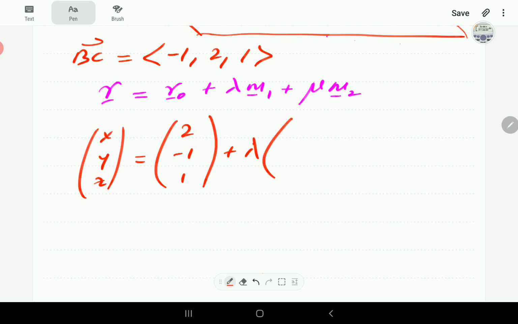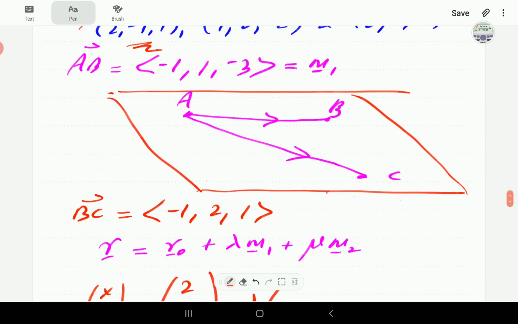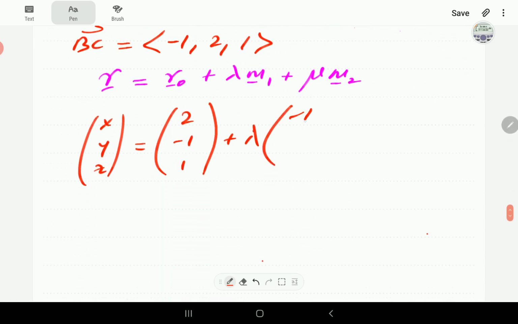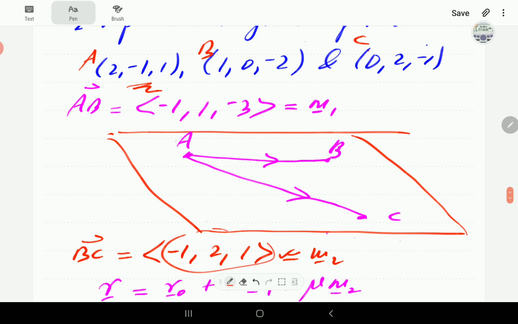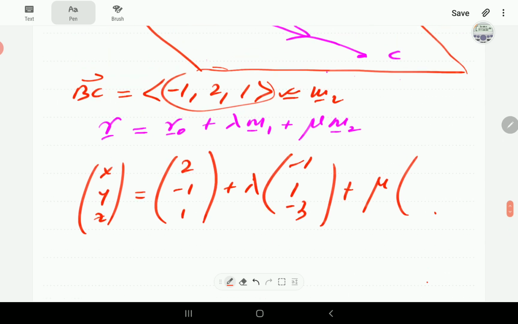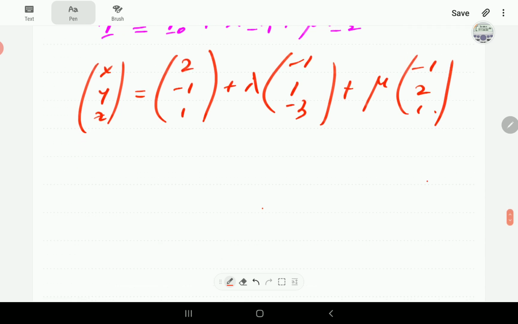M1, we got minus 1, 1, minus 3. M2 is this one. Of course we've got to make sure that these two are not parallel, but just looking at them, minus 1 there, and the other two are not the same, so those two are not going to be parallel. Minus 1, 2, 1. So this is the vector form of the plane.